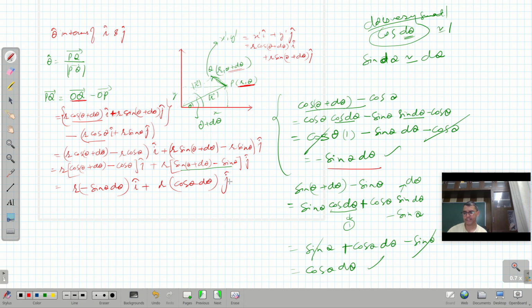So we have to simplify it. So it is minus r sine theta d theta I cap plus r cos theta d theta j cap. If I put these values here, then what am I getting?